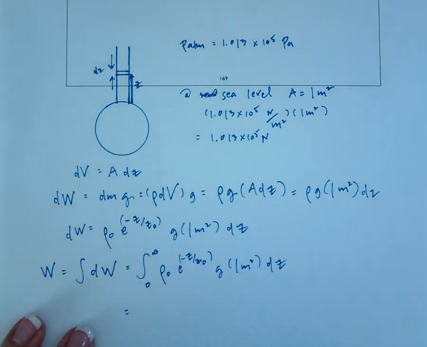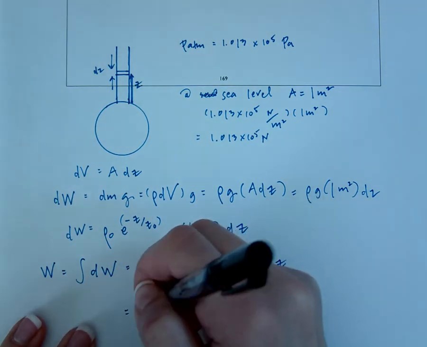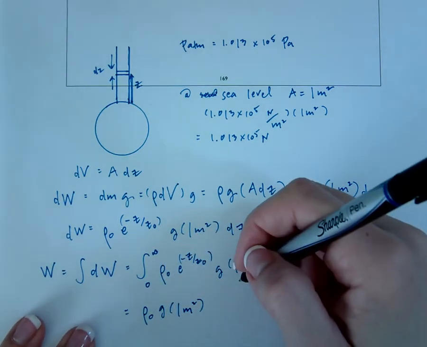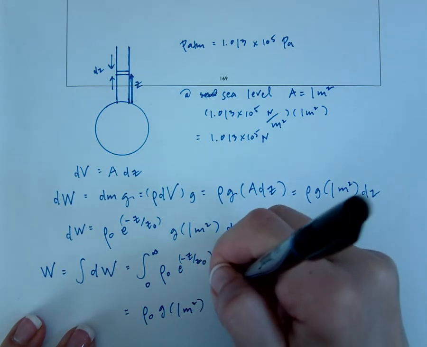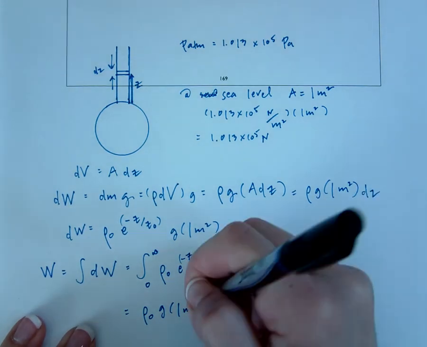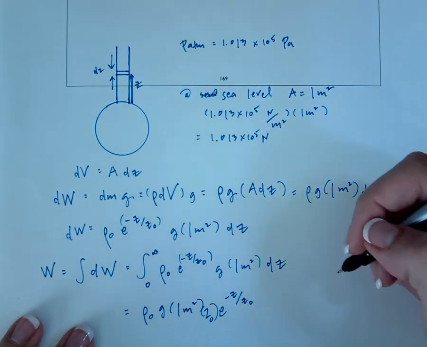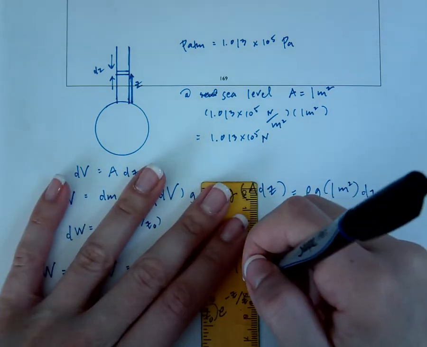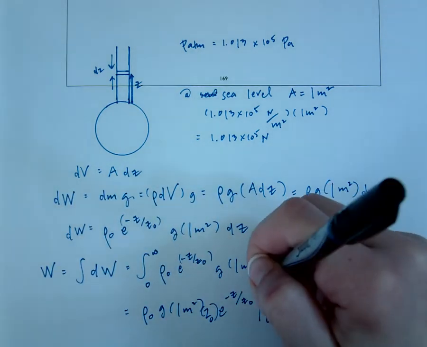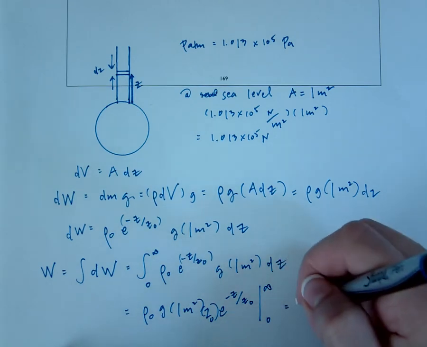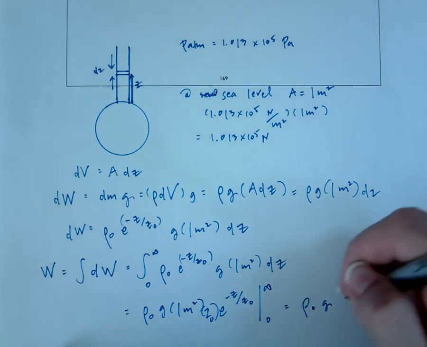Then if we do the integral, you're going to get rho naught times g times 1 square meter, e to the minus z over z naught, and then there's a z naught that comes from doing the integral. We have to plug in the limits of integration, so z goes from 0 to infinity.